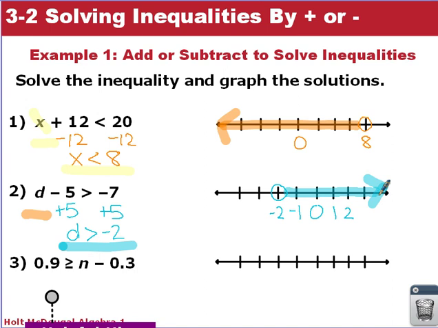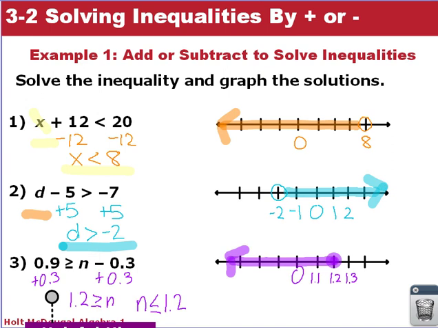Our last problem, we have 0.9 is greater than or equal to n minus 0.3. So for the last one, we add 0.3 to both sides of the inequality, resulting with 1.2 is greater than or equal to n.